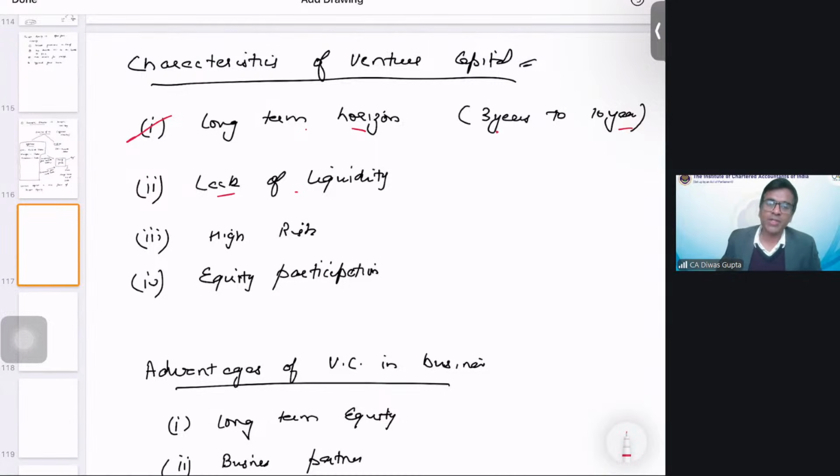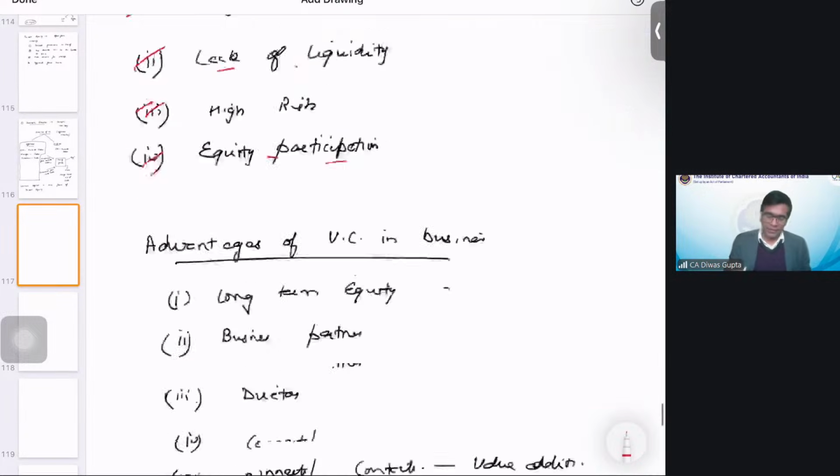It's not listed on a stock exchange. There is a higher risk, right? Because you are investing privately, you are investing in a smaller business. So that means there is a risk of how the investment will turn around. Then there is equity participation, students, of these venture capitalists from the owner's perspective.